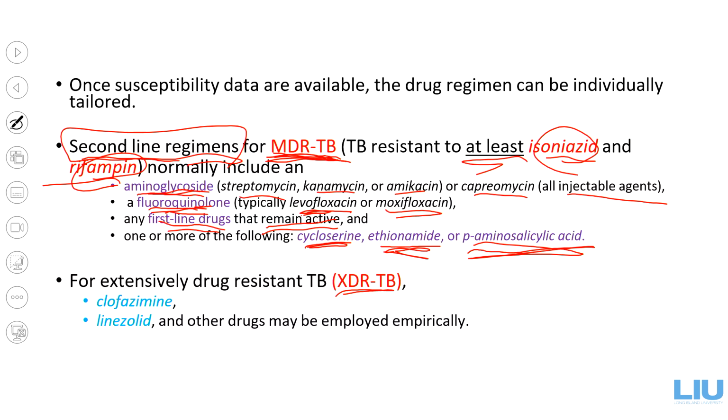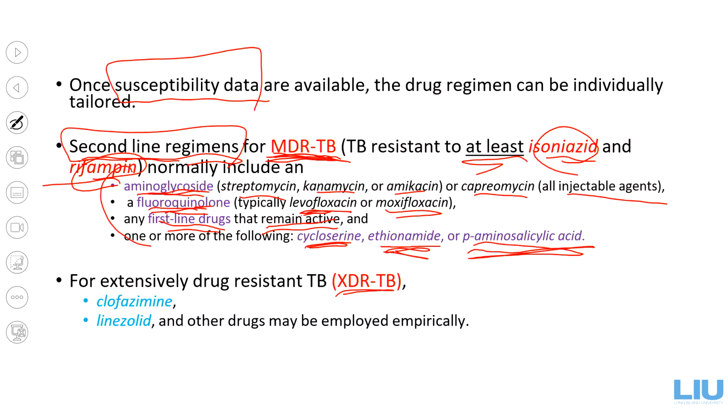How do I decide which ones I would choose? Yes. So you start the treatment, but then you also run susceptibility experiments: you take a sample from the bacteria, run experiments, and see which agents these bacteria are susceptible to. Okay, and then we decide which ones to go with.